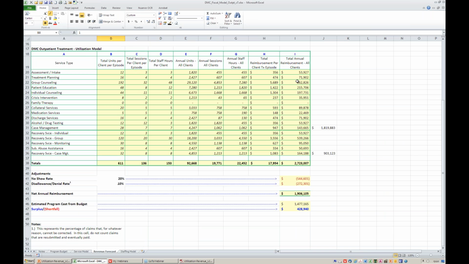Victor, before you move on, sorry, I have one more observation, and I'll make it short. The questions that people had about no-show rate, or maybe disallowance rate, and we were talking about really keeping track of that.